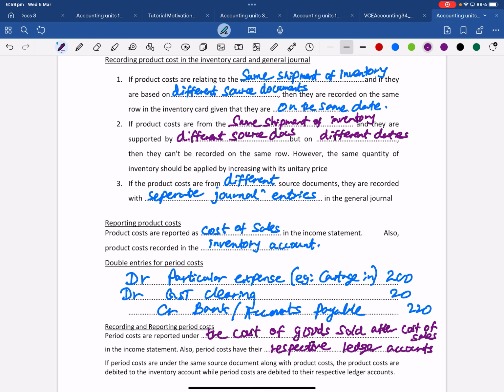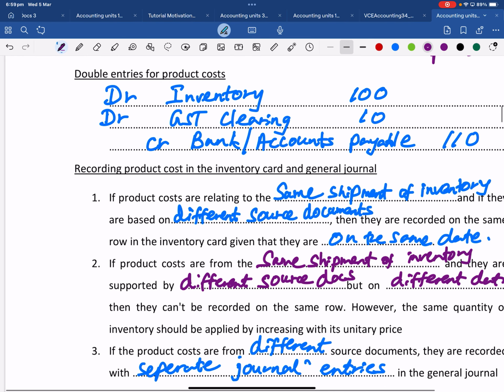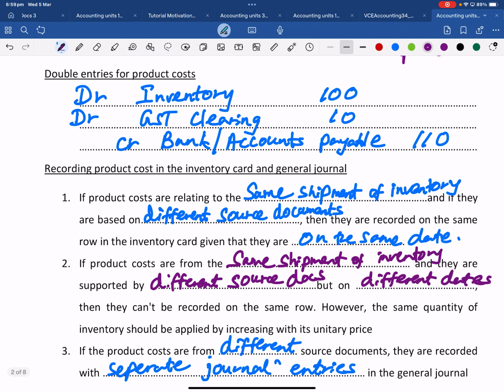Okay, guys, done reading? Do you understand this story now? First of all, the double entry is for the product cost. It is the normal double entry that we record in the inventory. We debit inventory, because our assets increase. We debit GST clearing, because our GST liability decreases. And then either bank or accounts payable will be credited.